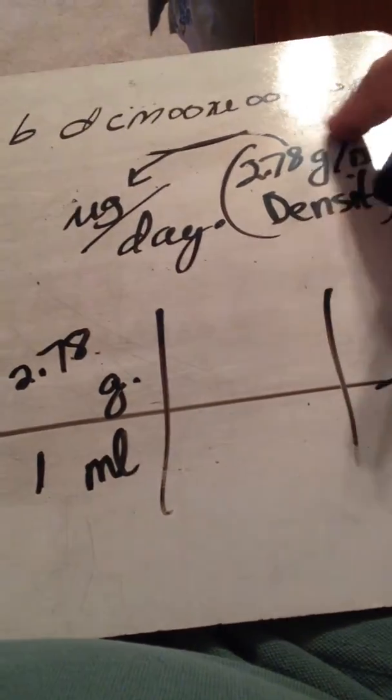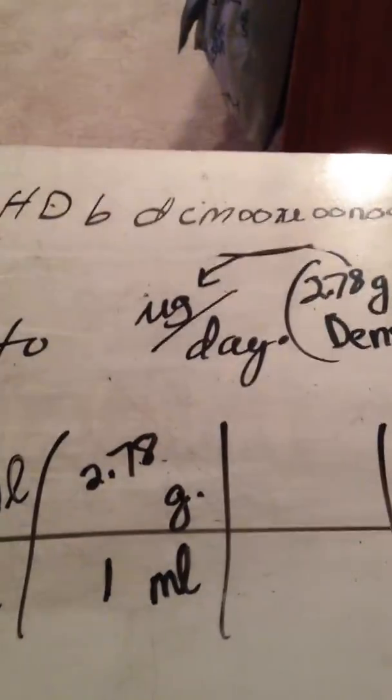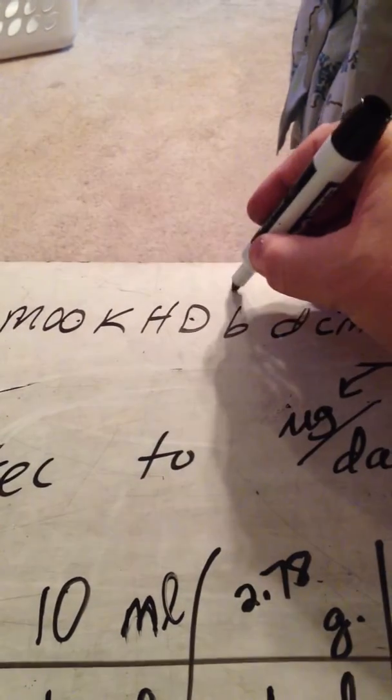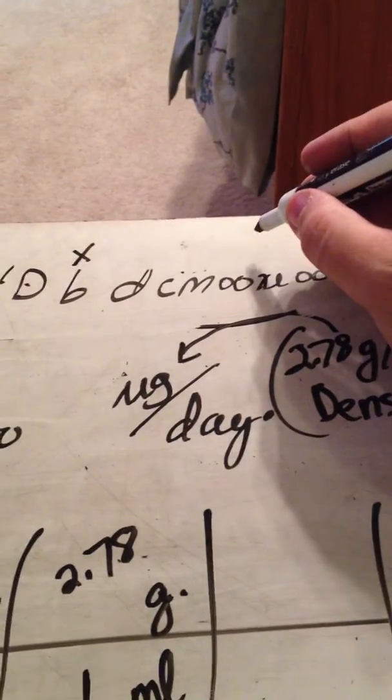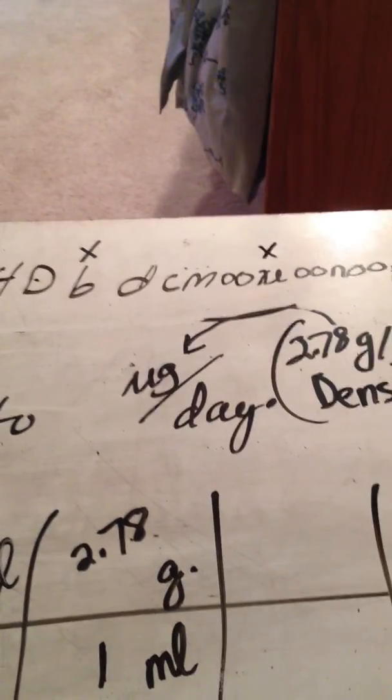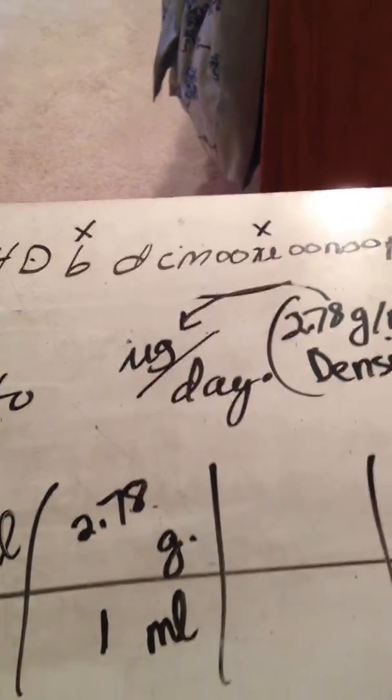Okay, I'm going to get rid of this line so it's a little bit easier to follow. But this is where I'm going from. So I'm going to go from my grams, which is my base, and I'm going to go to micrograms, which is right here. Now if you take a look at it, it moves 6 places.